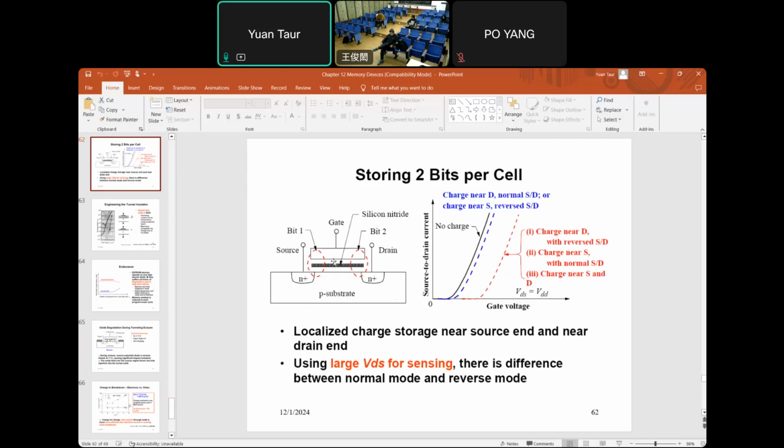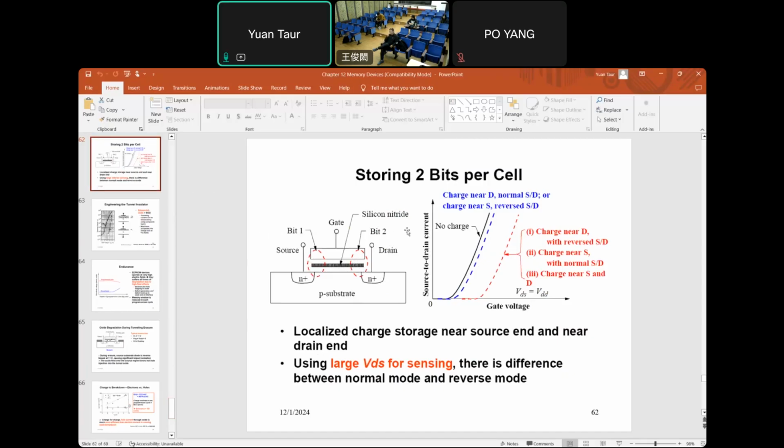This is silicon nitride with traps, and you can trap charge on the right side or on the left side. And so now you have 4 different states. You have 2 bits per cell. And to do that, you make the high drain measurement.